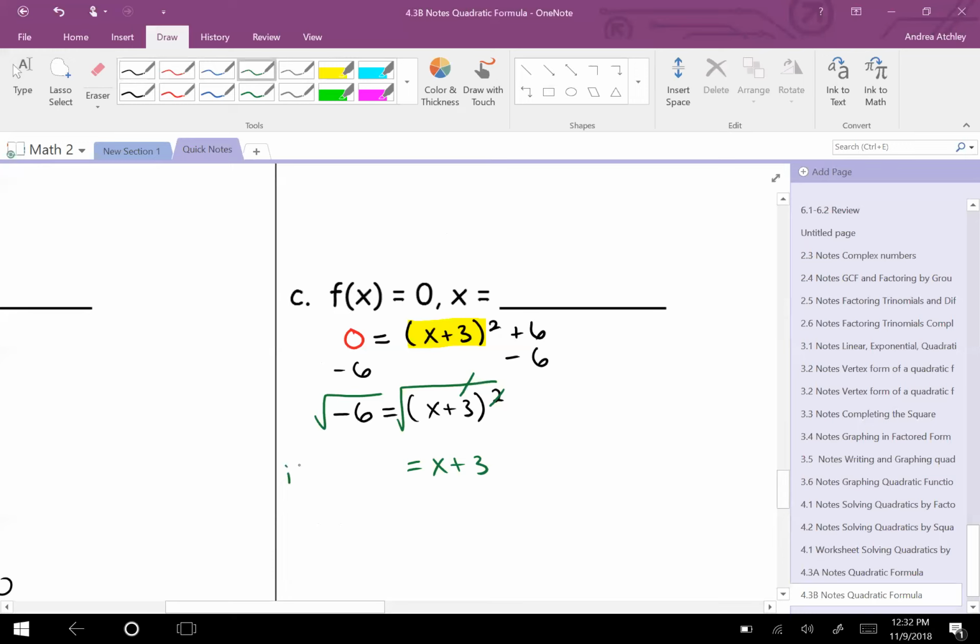So it's i square root 6 and negative i square root 6. It needs both. Now I have to subtract 3.